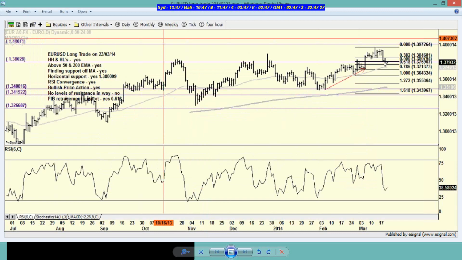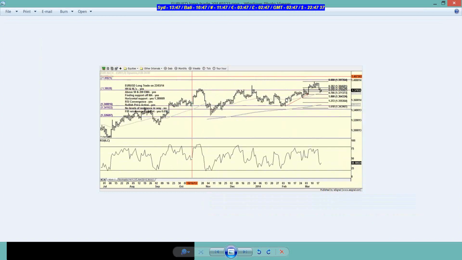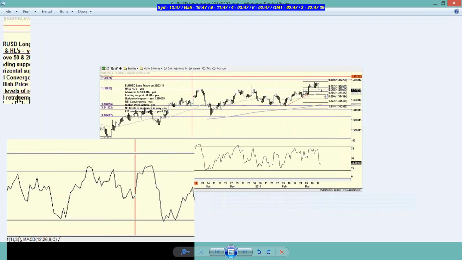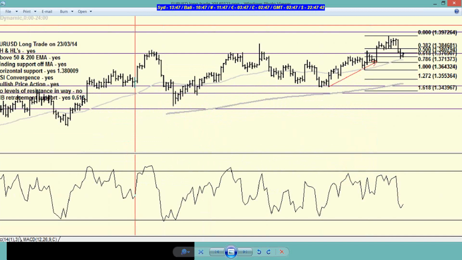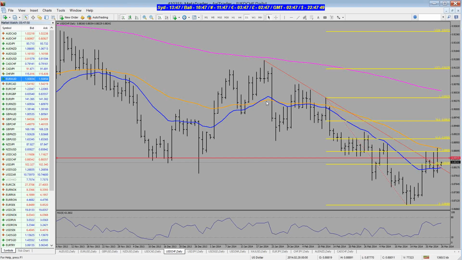An inside bar is not bullish price action, so there's no trade there. Fib's fine. Support line, yeah, it's fine. But you don't have bullish price action. An inside bar is not bullish price action.